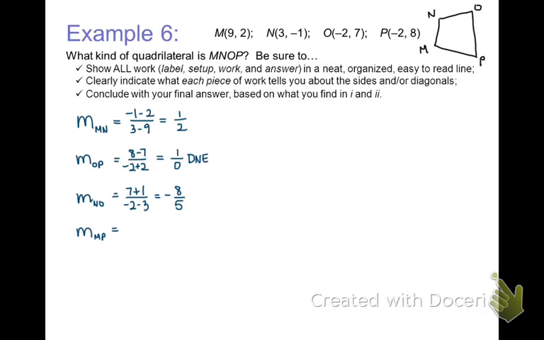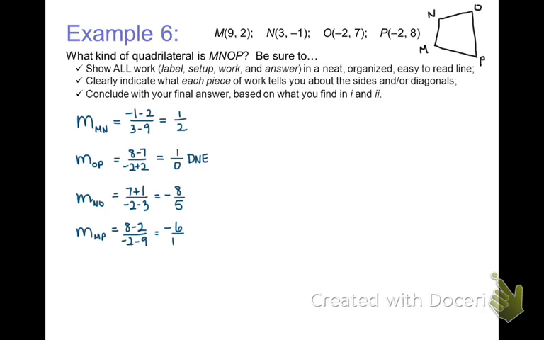So looking at the slope of MP, we should have 8 minus 2 over negative 2 minus 9. On top, we get 6 over negative 11. So does 6 over negative 11 simplify?